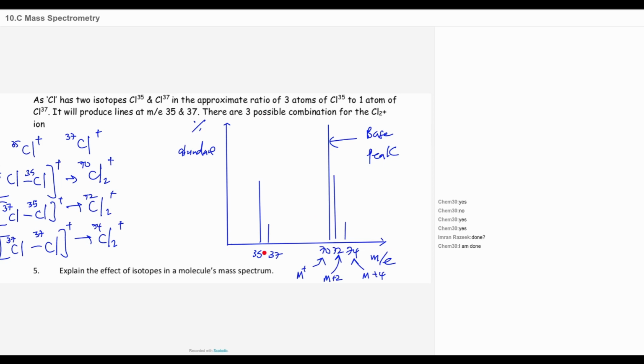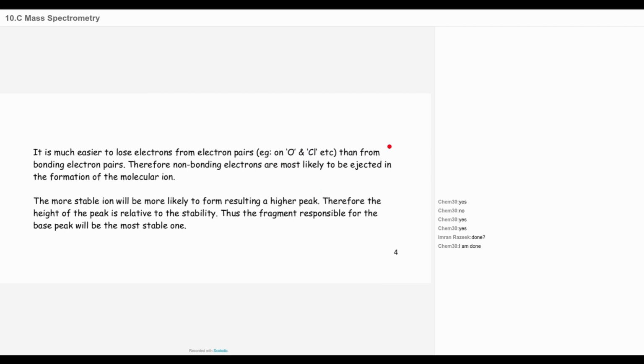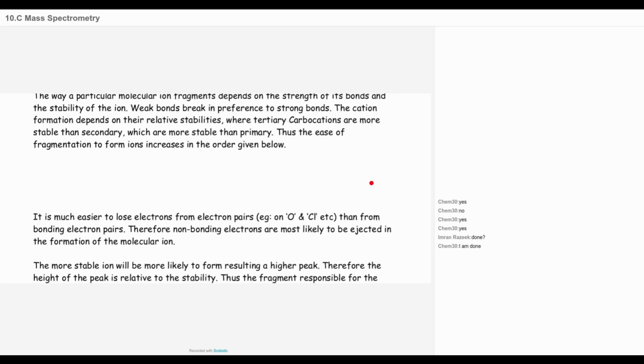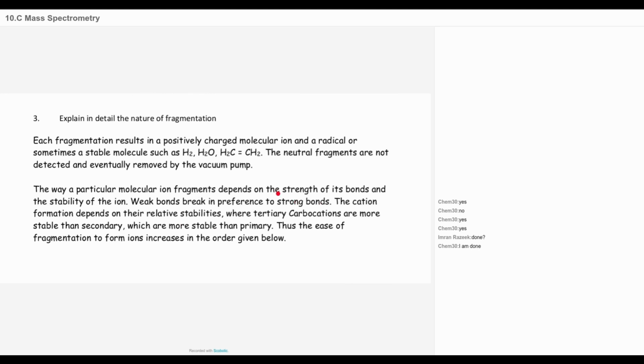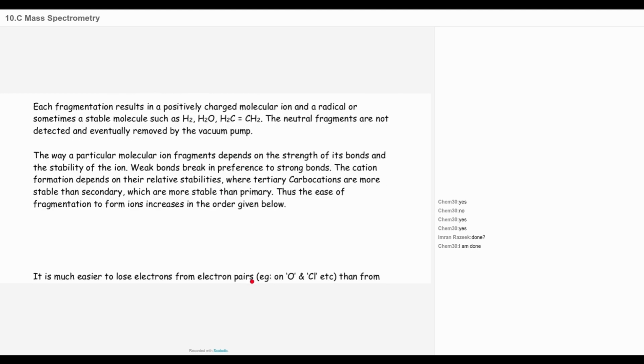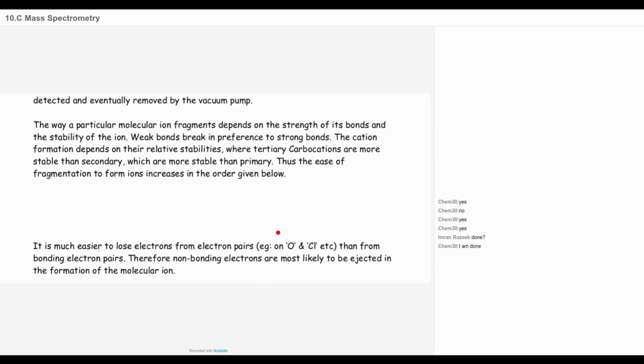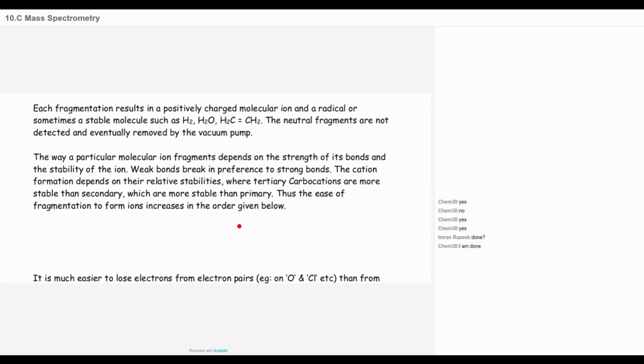All right, so we go back. We know what is fragmentation, what is molecular ion, right? And when it comes to complex molecules, the fragmentation will result in various different types of species. We know the fragmentation will give rise to the atomic ion or the cation, which is a complex organic molecule.